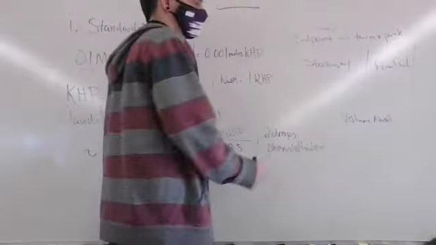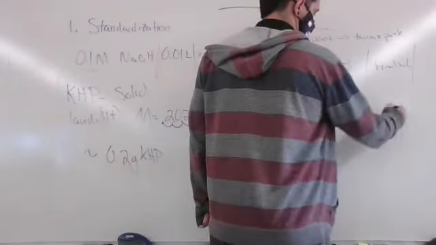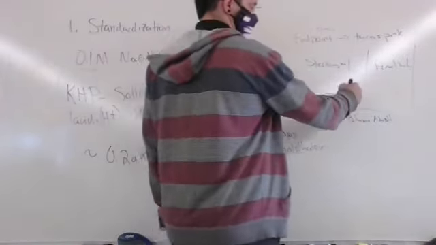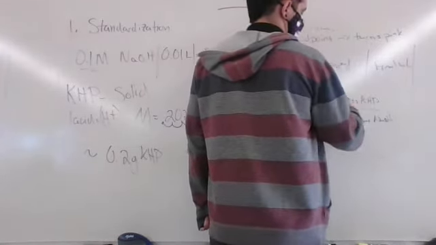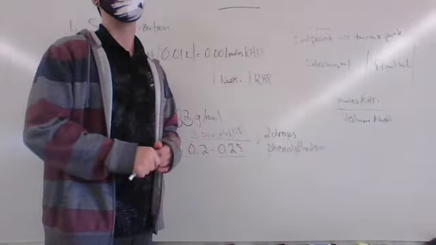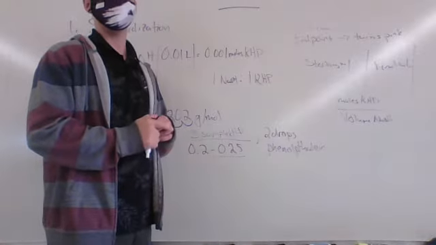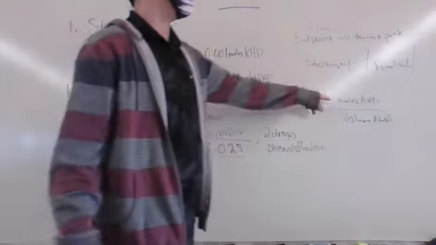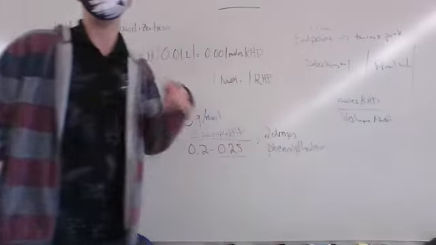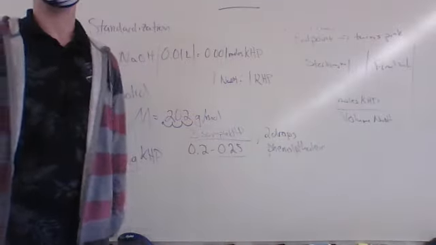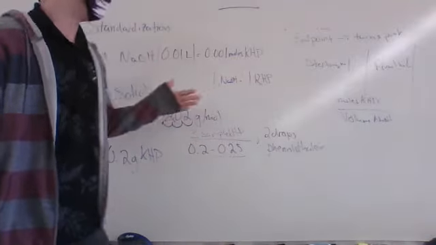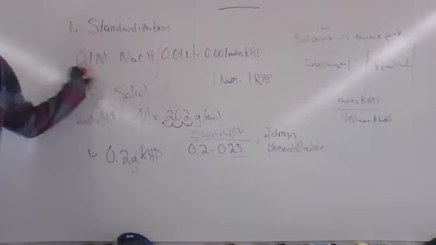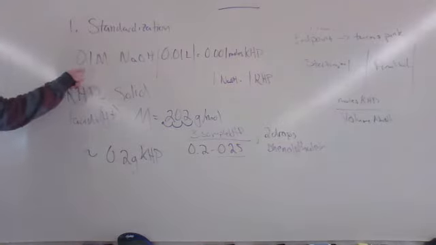Then you take the moles of KHP divided by the volume of NaOH, which will give you the molarity of the NaOH, because the number of moles of KHP should equal the number of moles of NaOH at that point. You're going to do 3 trials of that, and then you average it out to find the actual molarity of NaOH.